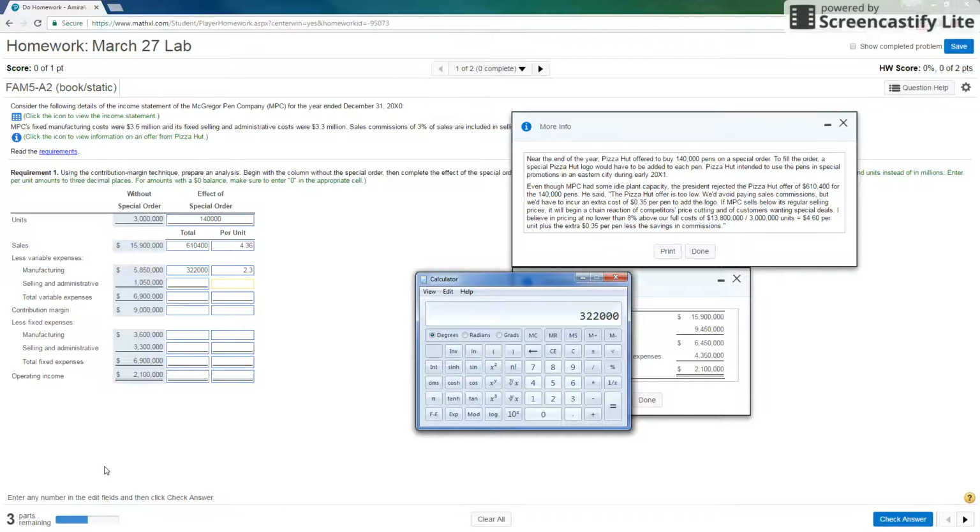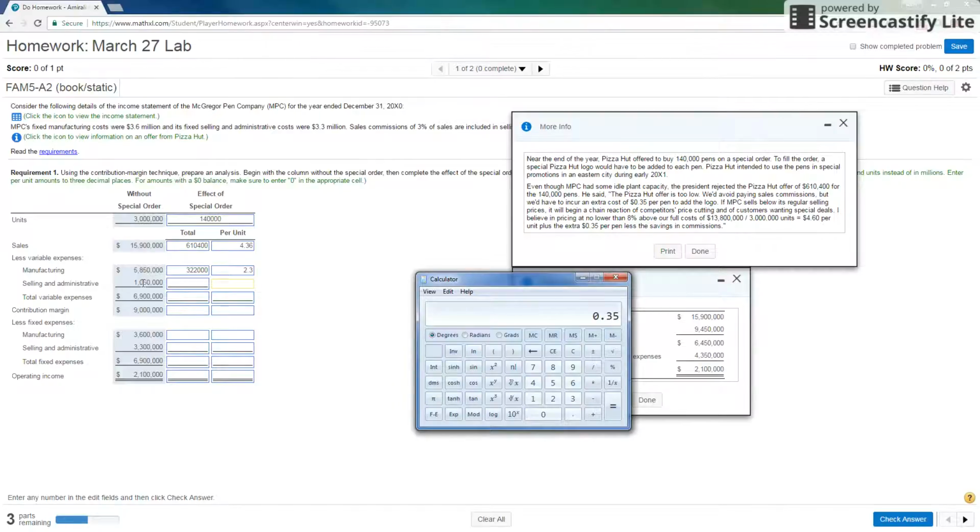Now for selling and administrative cost, we don't have the per unit again, so we have to calculate the per unit. I will put this number and divide it by the number of pens, which is 3 million. I get 35 cents on each.